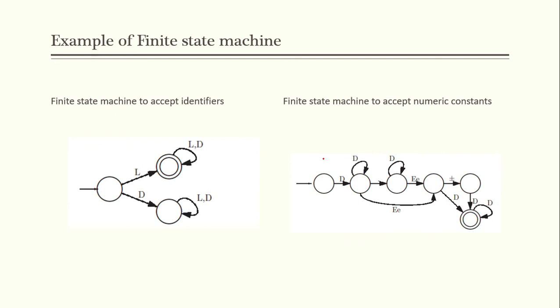This is an example of a machine that accepts identifiers from the start state. L is the alphabet, and D is the digit. This is only an example of how to do the finite state machine to accept identifiers. The second one is the machine that will accept numeric constants. This is also an example. What kinds of numeric constants can be accepted by the machine?